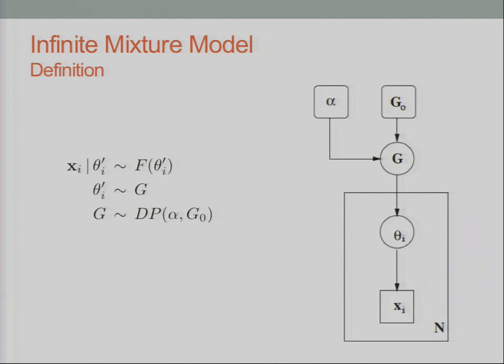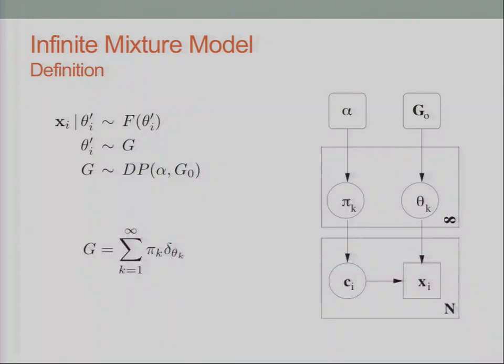And that parameter is drawn from some distribution G, which is drawn from the Dirichlet process with these parameters, alpha, the concentration parameter, and G naught, the base distribution. And this is a graphical model showing these equations, basically. So this is how we define the infinite mixture model.